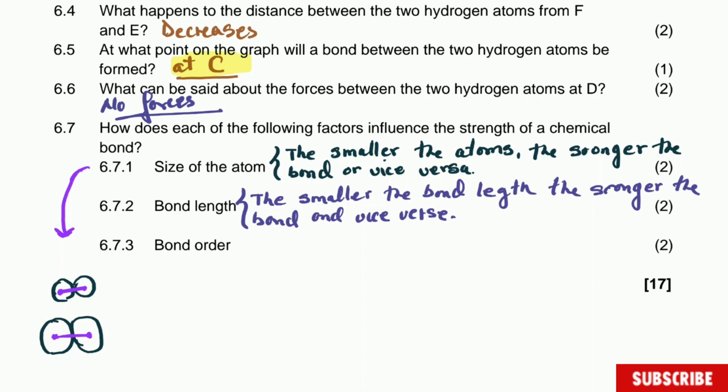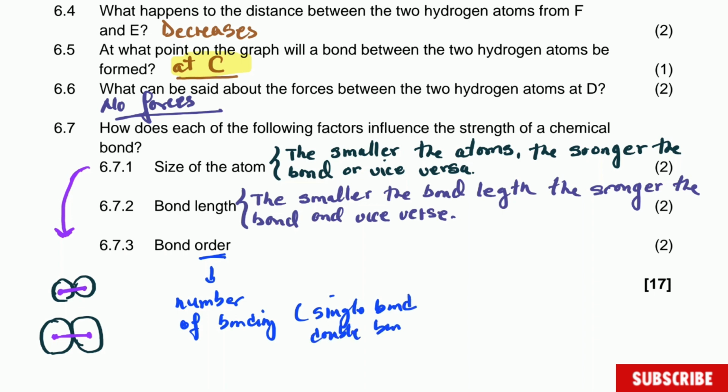And then bond order. Now I want you to note that the term order refers to the number of bonds. In other words, we're talking about a single bond, a double bond, or a triple bond.